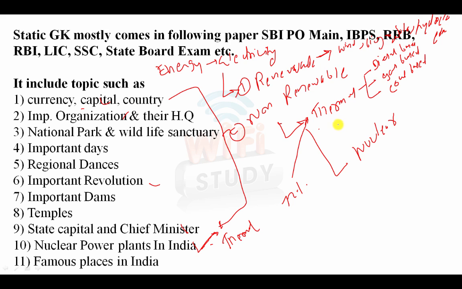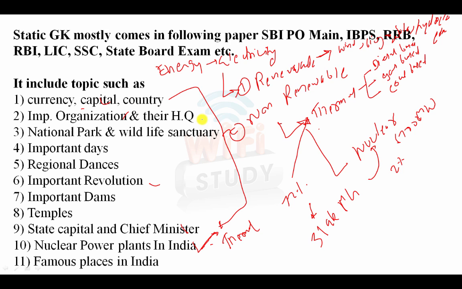The total installed capacity of electricity in India is nearby 3 lakh megawatt, out of which only 6780 megawatt is made by nuclear, which is nearby 2% of the total.